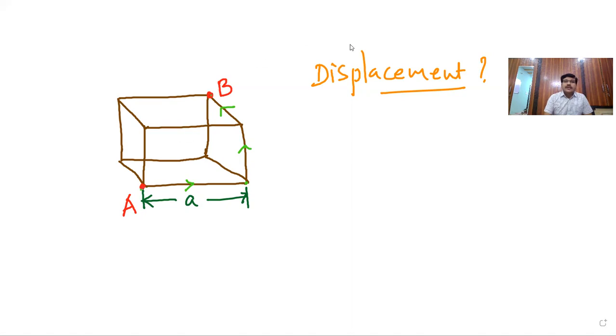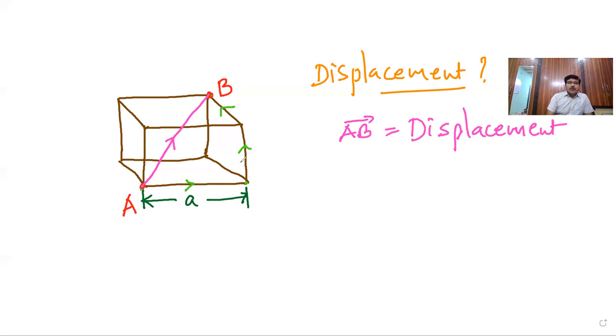If I join these two, that is the initial point to the final point, AB bar is the displacement.